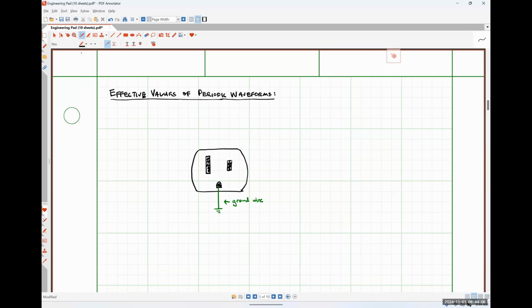This one is usually in black. So this is what's called our neutral wire.